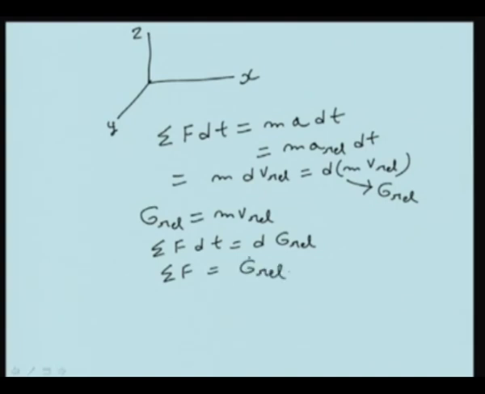So the equation of the impulse momentum is valid. That means we can also write sigma f dt is equal to delta G rel in the relative frame of reference, which is moving with a constant velocity with respect to the system.